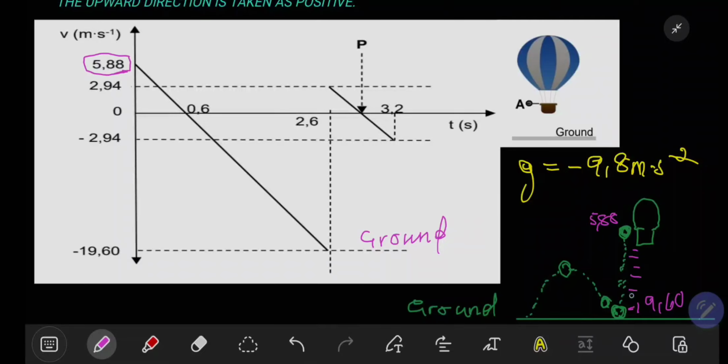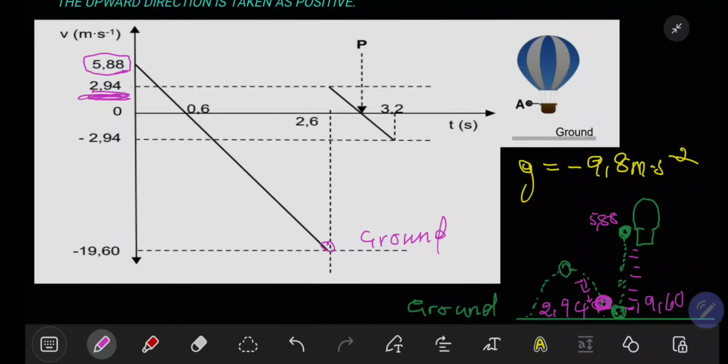When the ball goes up, it will be positive. So anything in this positive axis is the motion of the ball in the upward direction. So the ball reached the ground at this velocity, and then it hits the ground. When it goes up, it goes up with a velocity of 2.94.